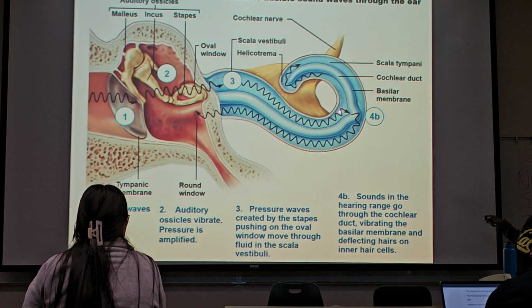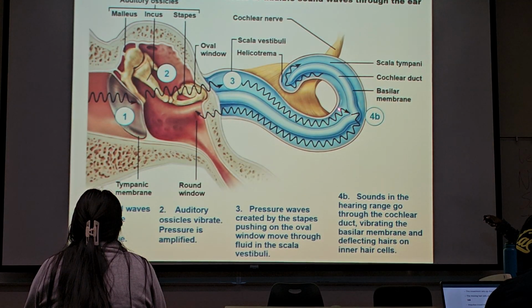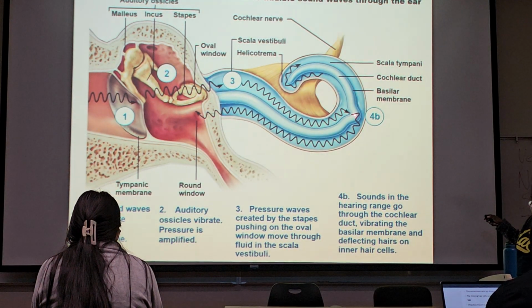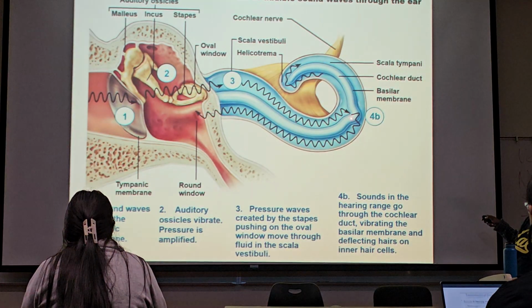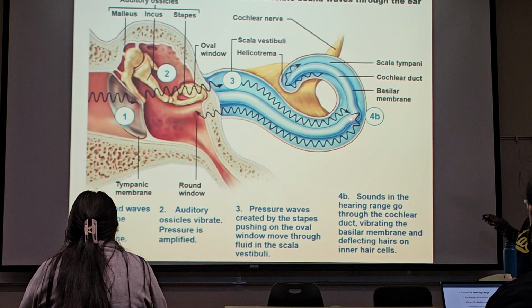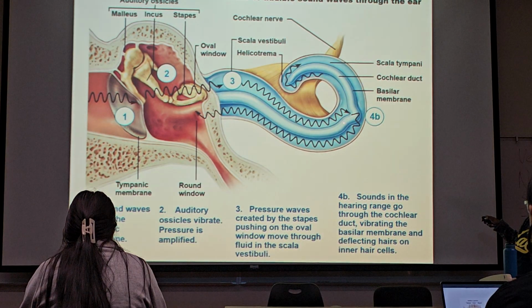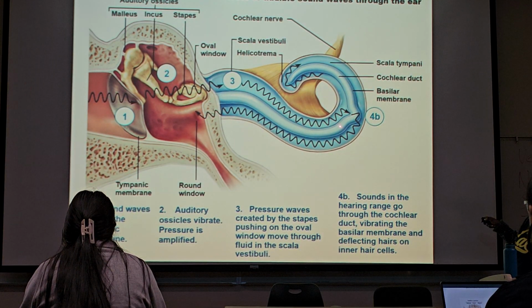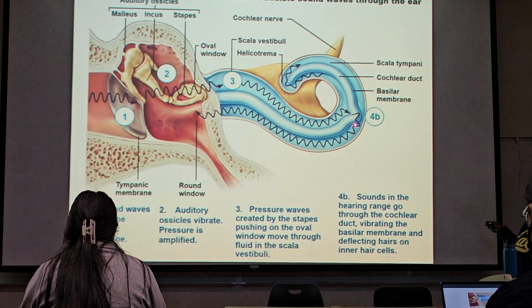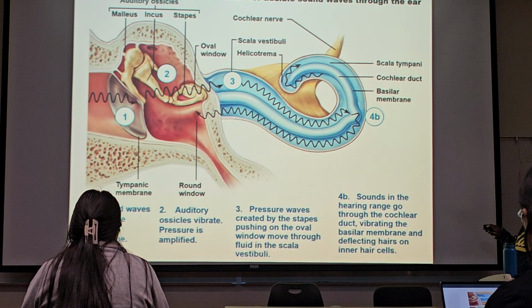So these sound waves in a frequency that we can hear go into the cochlear duct, into scala media, and vibrate the basilar membrane, and cause the displacement of the hair cells and their stereocilia away from the tectorial membrane resting on top of it. Okay?